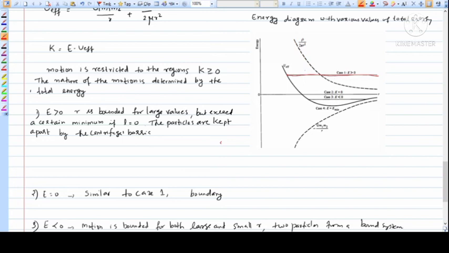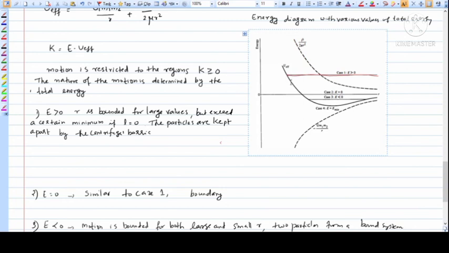From this point onwards, U effective is greater than E, so the motion is restricted in this area.